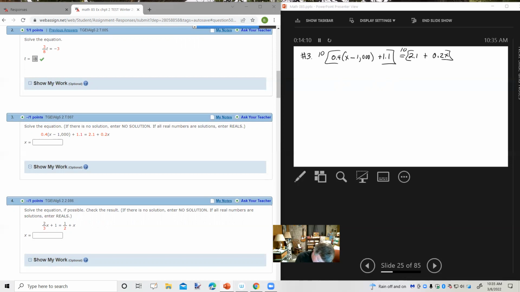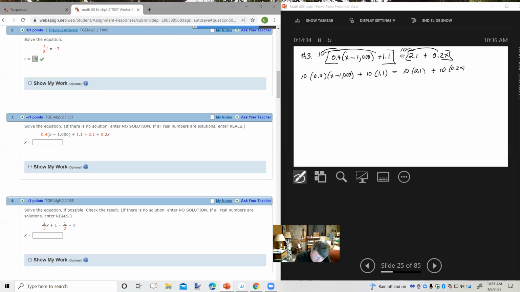On the left side of the equation, distributing, I get 10 times 0.4 times x minus 1,000 plus 10 times 1.1. On the right side equals 10 times 2.1 plus 10 times 0.2x.